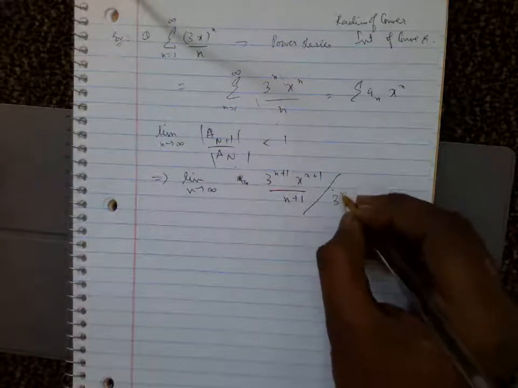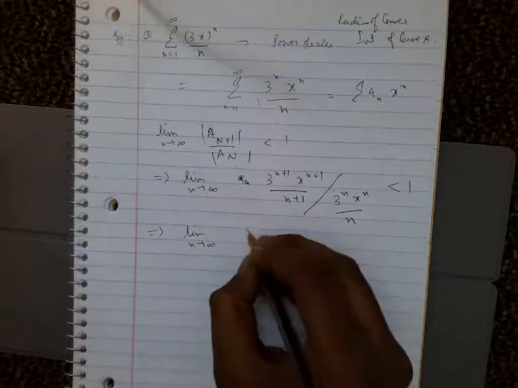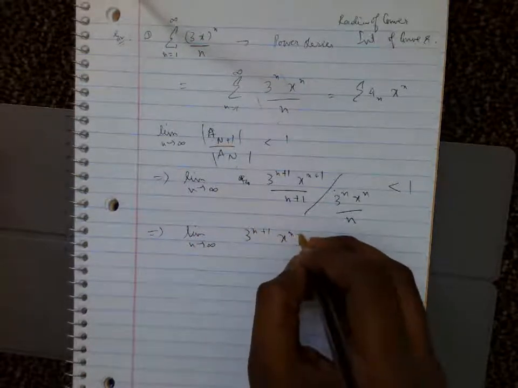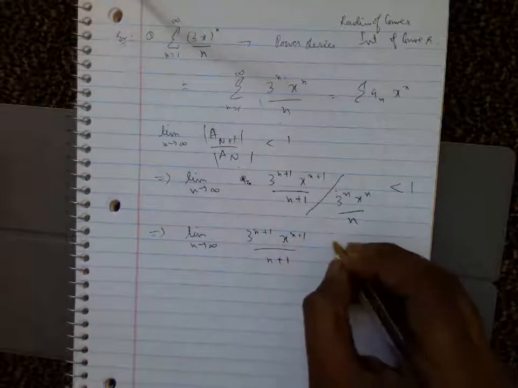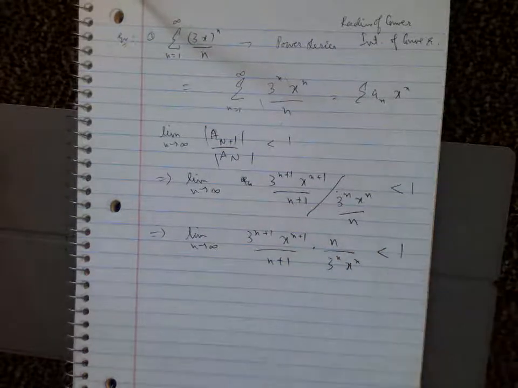We want this limit to be less than 1, so we need the limit as n tends to infinity of 3^(n+1) x^(n+1) by (n+1), times n by 3^n x^n, less than 1.